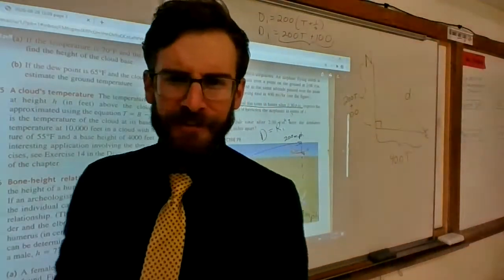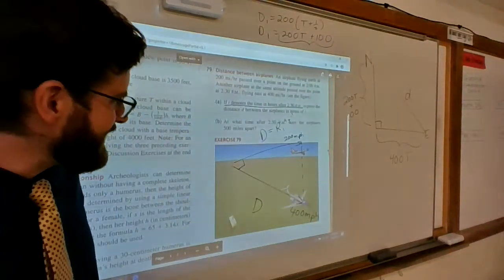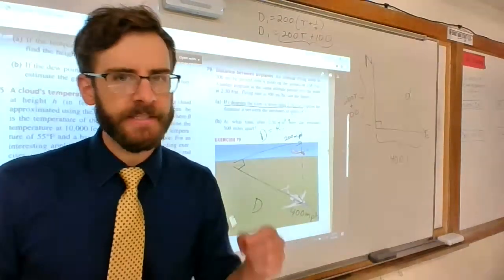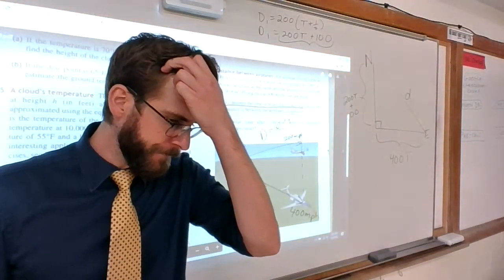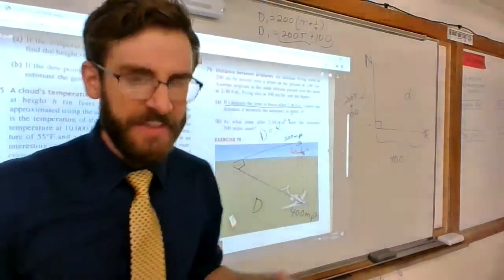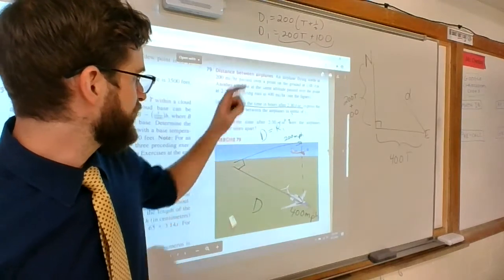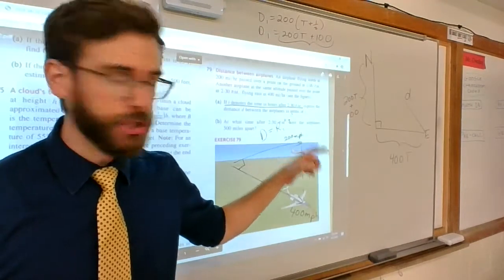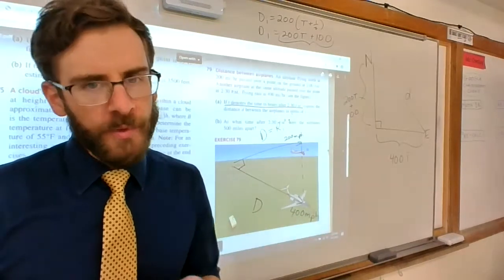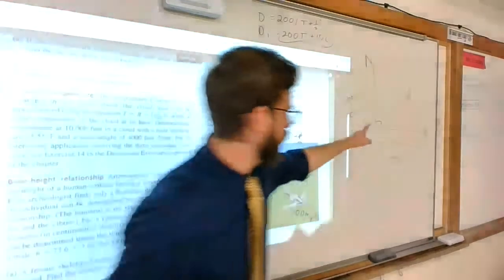All right, I don't think we've actually answered the question though. Express the distance between the airplanes in terms of t. This whole idea of expressing the distance between the two planes in terms of t is saying, all right, what do we have to work with in our math arsenal? What do we know about right triangles?